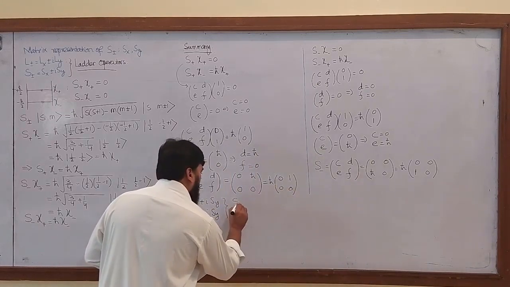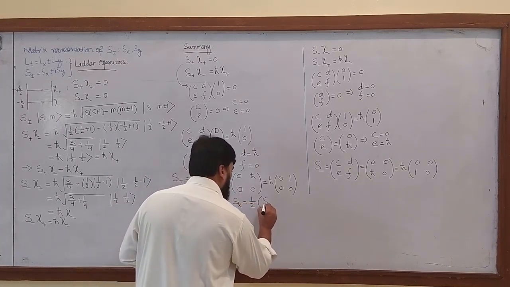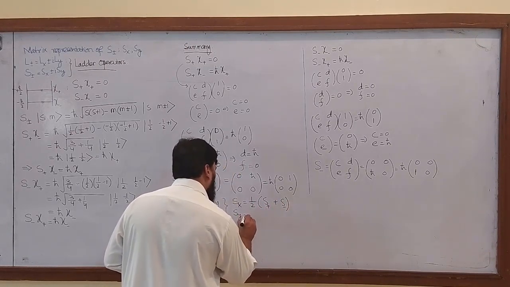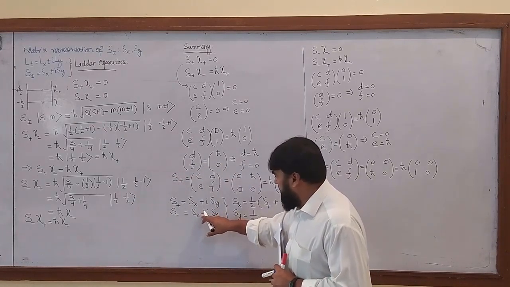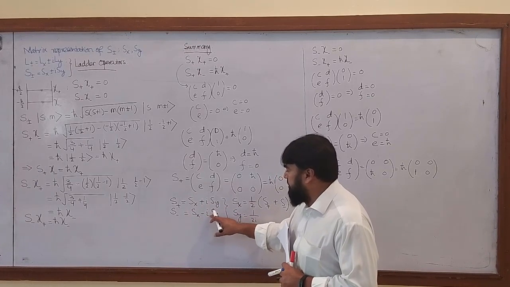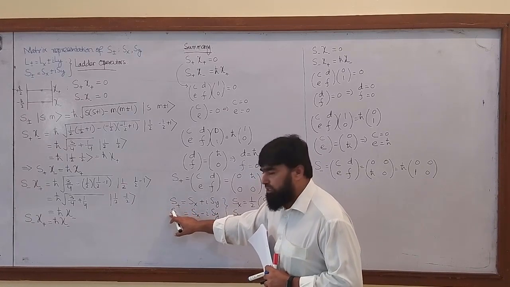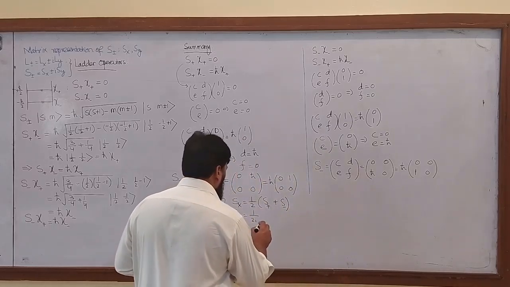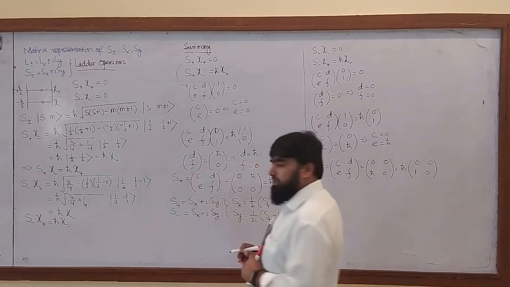So I can write that Sx from here is half of S plus S minus, while Sy is 1 over 2i, because when I subtract them, this will become plus, this will become minus, Sx will cancel, this will become 2 times i Sy. It goes here, so S plus minus S minus divided by 2i. So this will be equal to S plus minus S minus.